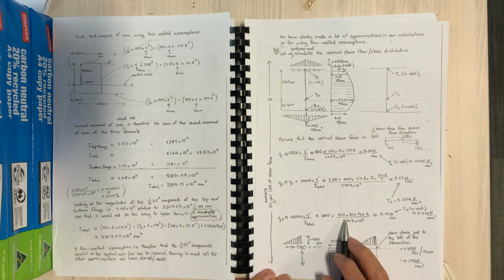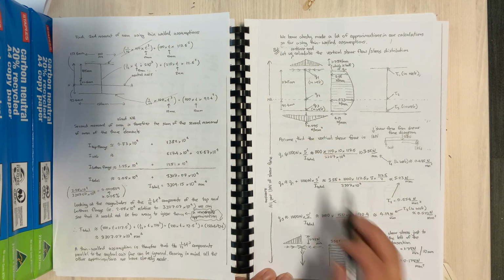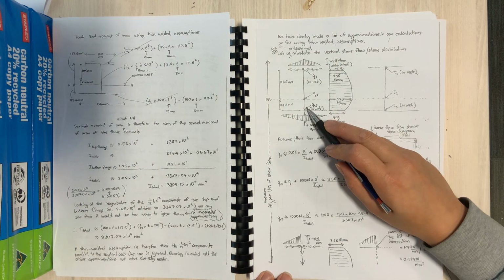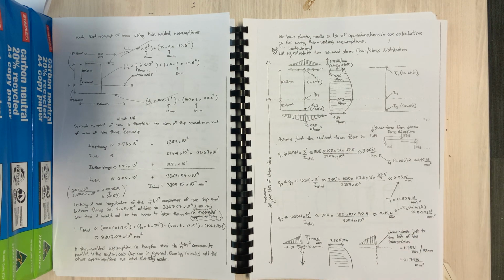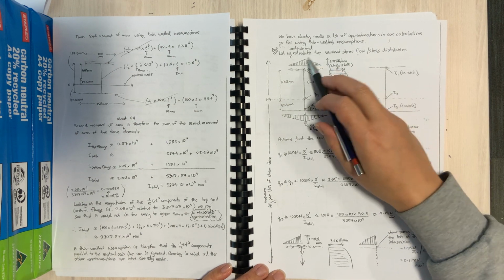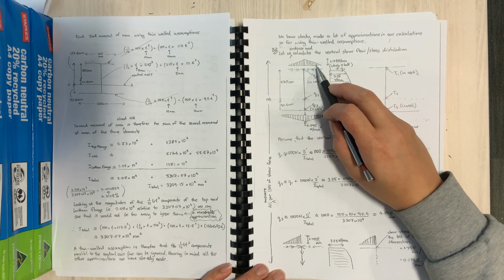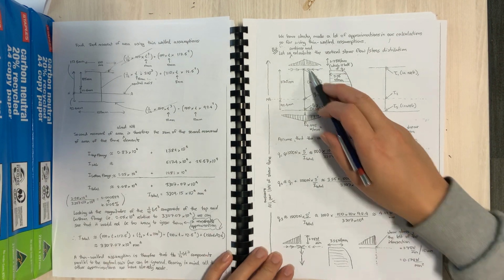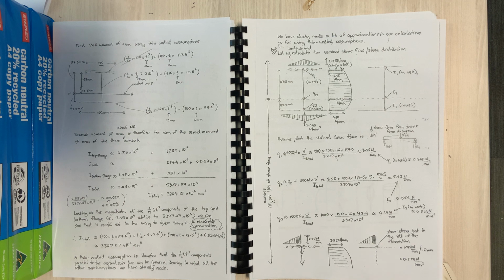So that's what's been done here, probably 150 times 10 times 92.4 being that distance, divide by that, and that will give you what your Q3 is. And then from there you can get your tau 3. And obviously you've got the 178 at that point there, just divide it by the thickness of the flange, which is 10 millimeters, and then you'll get the stress in the flange, or the horizontal shear stress.